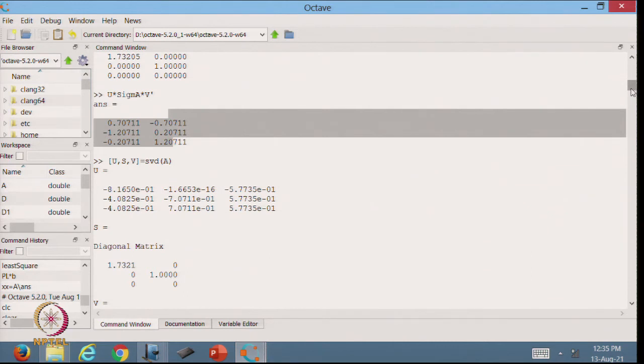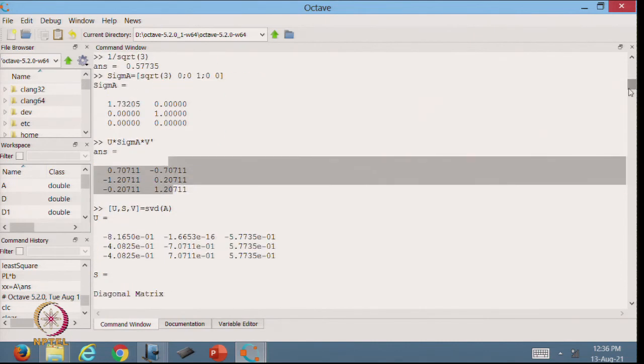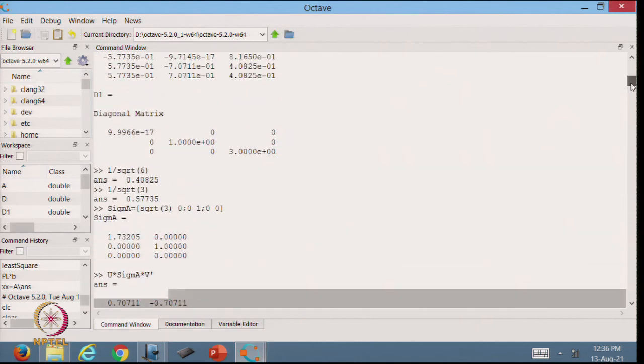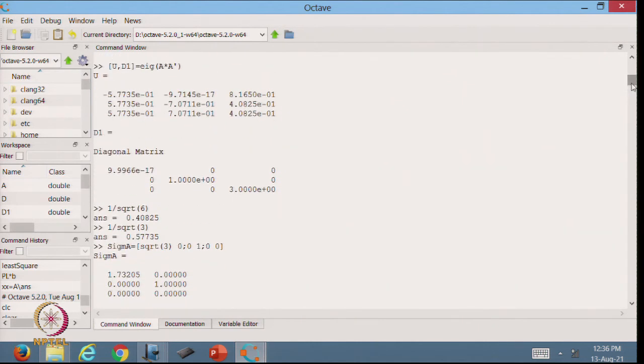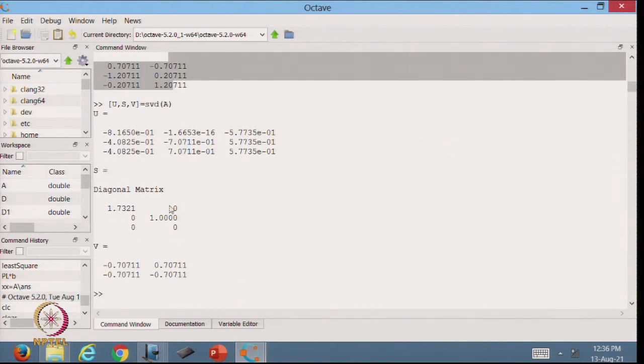So, u is the same: this u is minus 8, minus 4, minus 4, and we have seen that u is 8, 4, 4. So, we have just taken the negative sign. The other thing, the diagonal element matrix, I already told you it will be 1.7, root 3, 1, 0, and v is the same as we have taken.